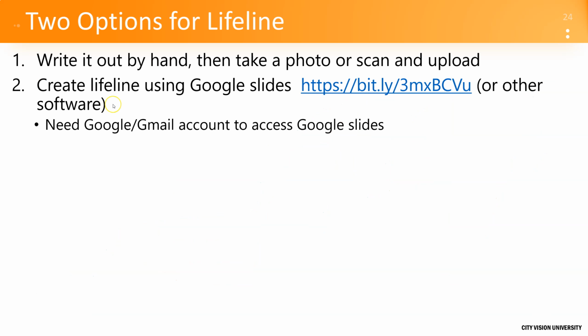Another option is to create a lifeline using Google Slides. We have a template created for you, or you can use other software. If you're going to use Google Slides, then you need a Google account or Gmail account, which is available for free. If you don't already have one, you can sign up for one.